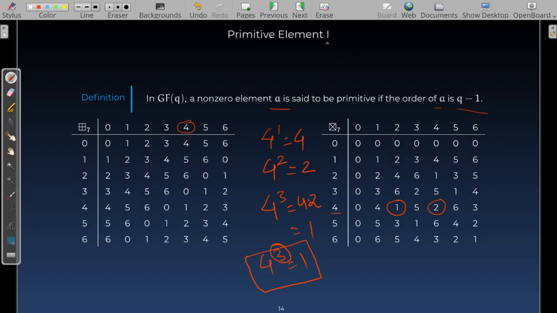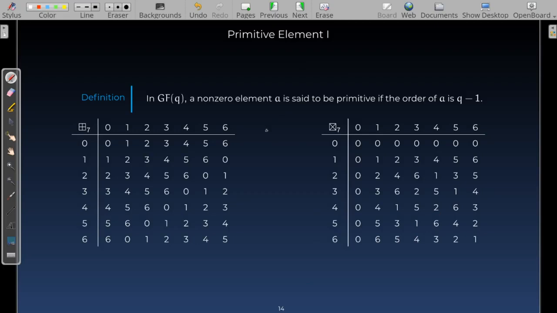Now let's consider another example, 3. 3 to the power 1 is equal to 3. 3 squared is 3 times 3, which is 2.